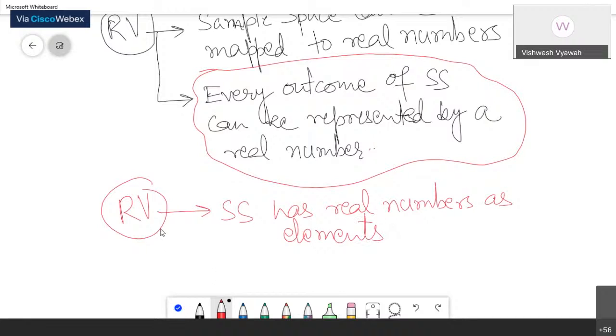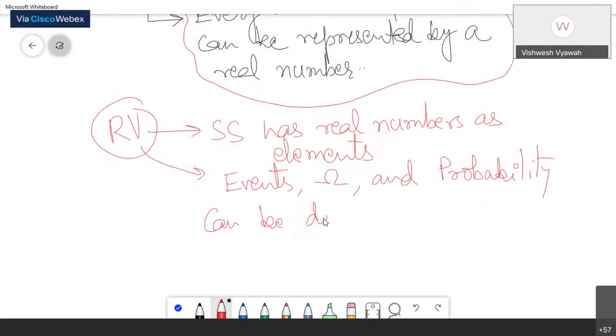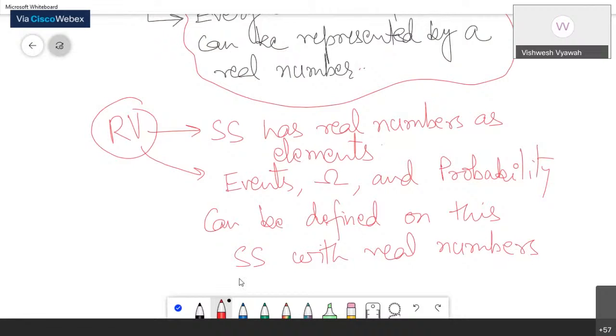And therefore events, sigma, and probability can be defined on this sample space with real numbers. Do you agree? Very simple. So this is how you define it. This is the importance, the motivation for the introduction of this concept of random variable.